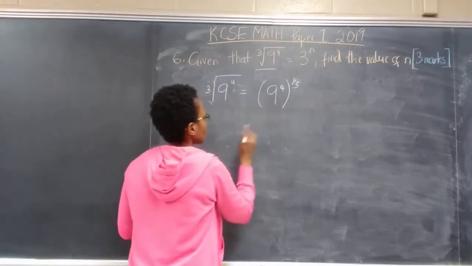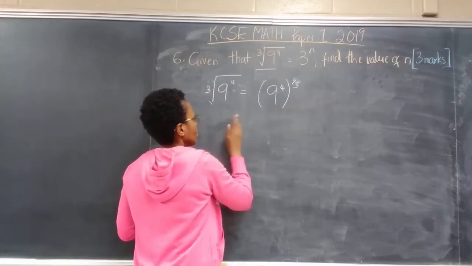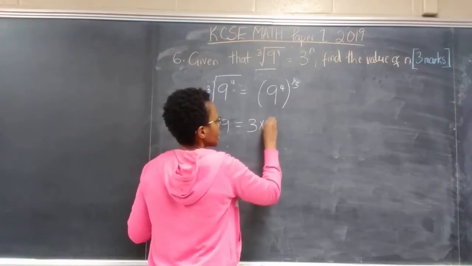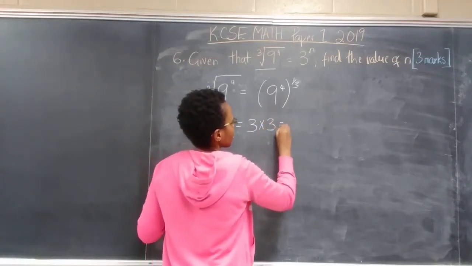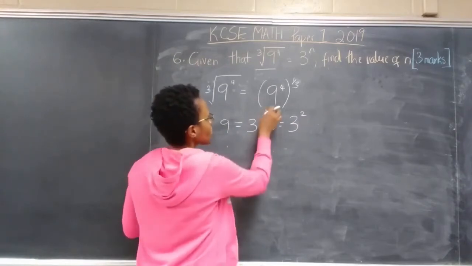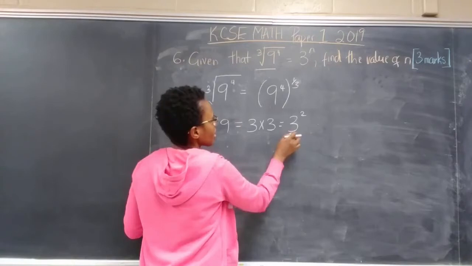Yes, we can do that because we know that 9 is equivalent to 3 times 3, and that is essentially 3 squared. So 3 squared is the same as 9. So we can rewrite this by replacing 9 with 3 squared.